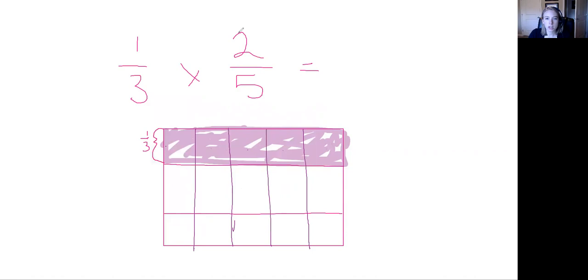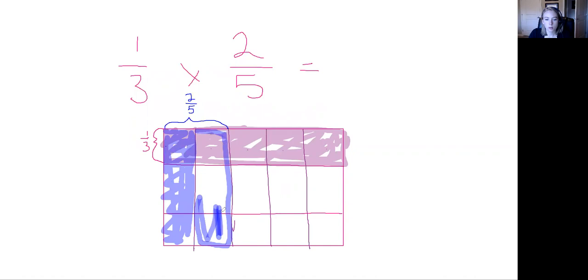And I'm going to need to shade in 2 of them. So I'm going to mark off 2 fifths. As you can see here, 2 fifths, and I'm going to shade them in. So this is 1 fifth, and this is 2 fifths. Hopefully that helps you see it a little bit better.